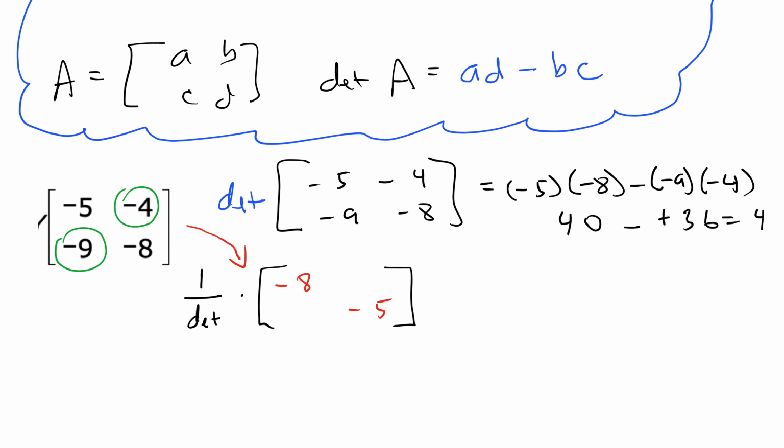Let me do it like this. Yeah. 9 and 4. And then 1 over determinant. Well, we know the determinant is that number 4. So it's 1 over 4 times this right here.